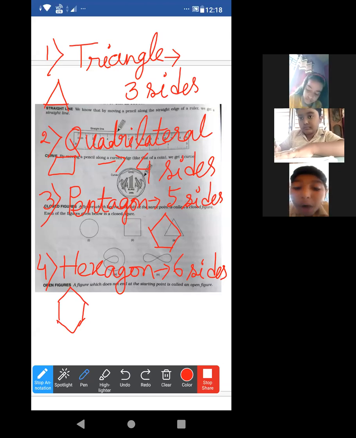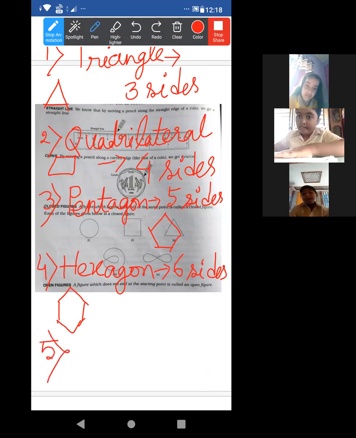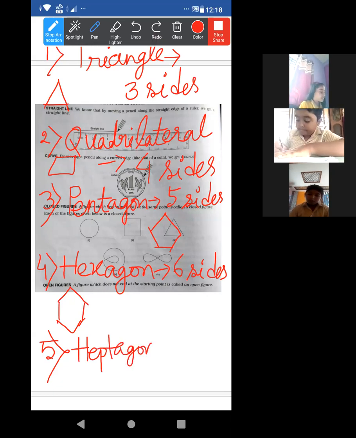Now write the fifth one. Heptagon. That is made up of 7 sides.